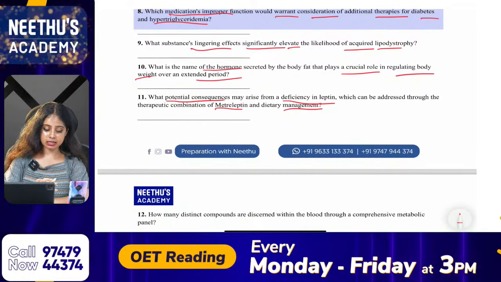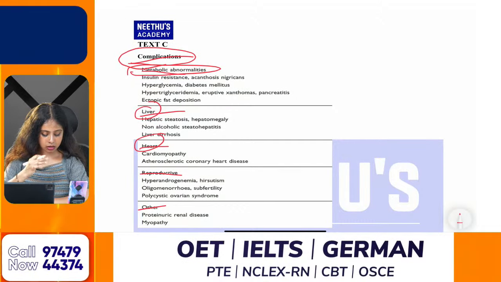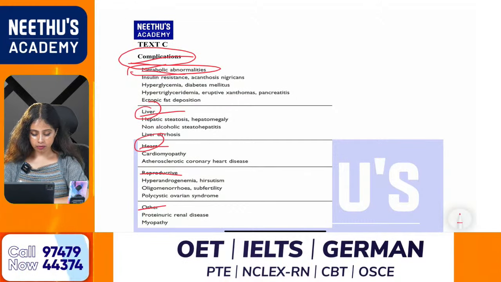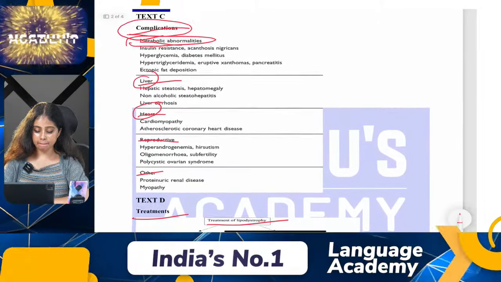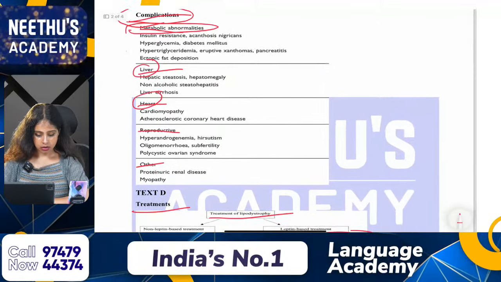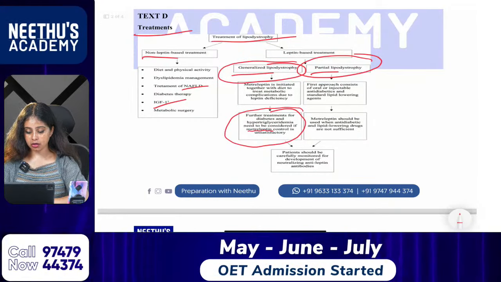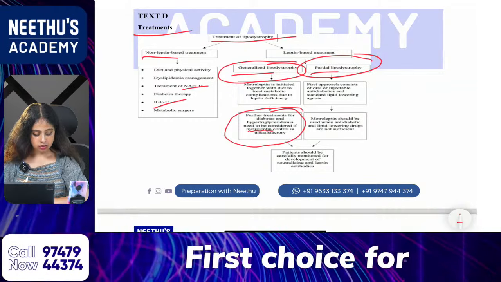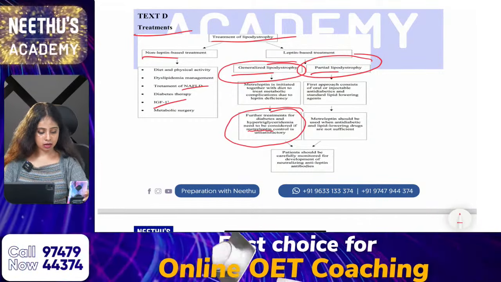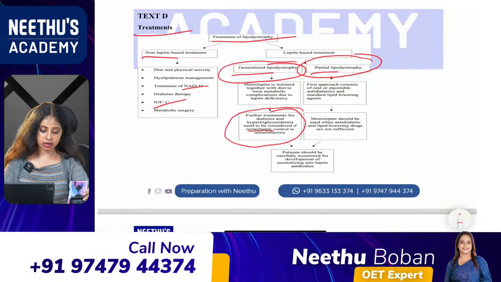Okay, so we will get the answer from metabolic complications. Where is it mentioned? It is mentioned in text D. Okay, metabolic complications they have mentioned. So, where is it mentioned in text D? So, please tell me. Okay, Aishwarya, yes, your answer is correct.